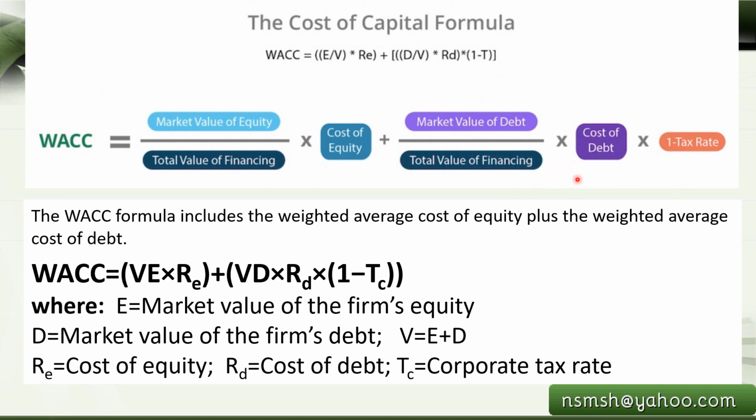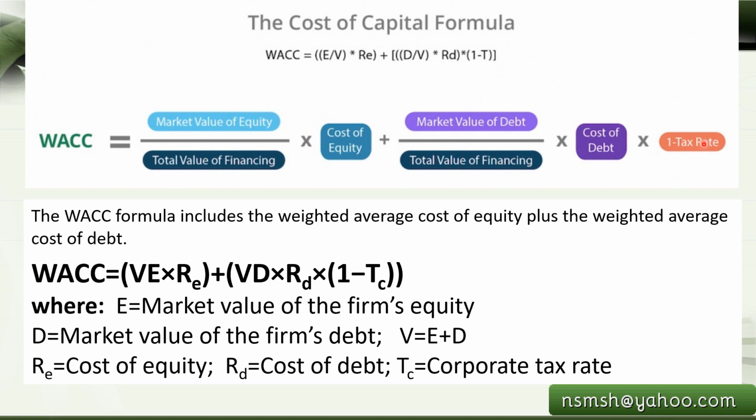Only when we calculate the cost of debt, we also apply the income tax rate benefit, because the interest expense payable from the company's point of view is deductible from the income tax point of view. That's why we apply 1 minus the tax rate.